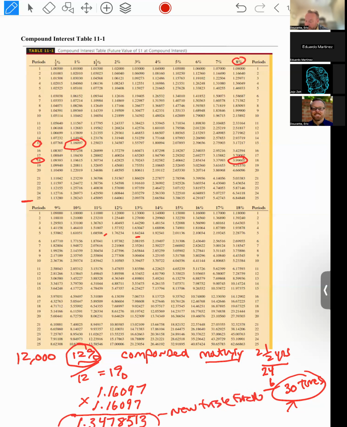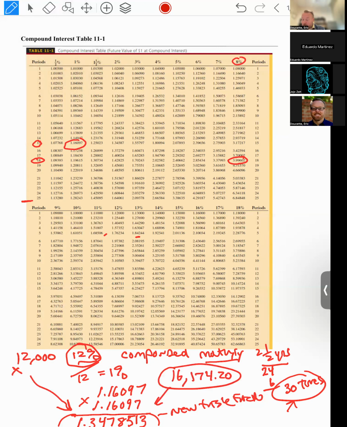And if I multiply that by the 12,000, I would get 16,174.20. So that's my new maturity value.